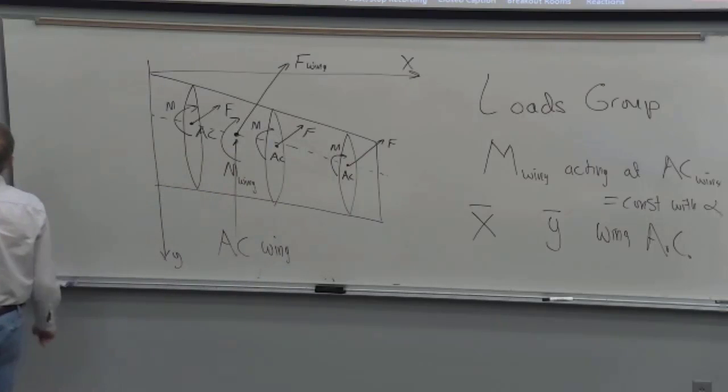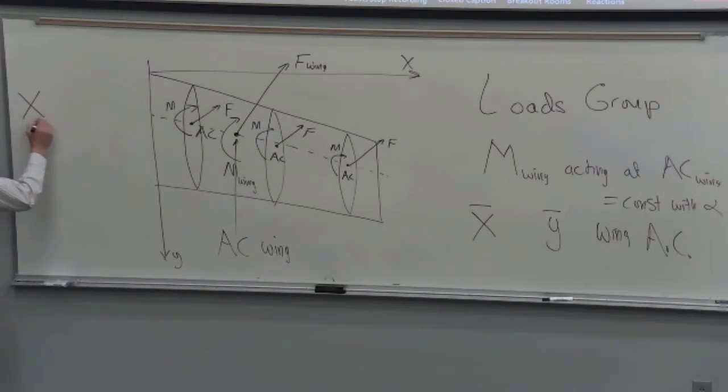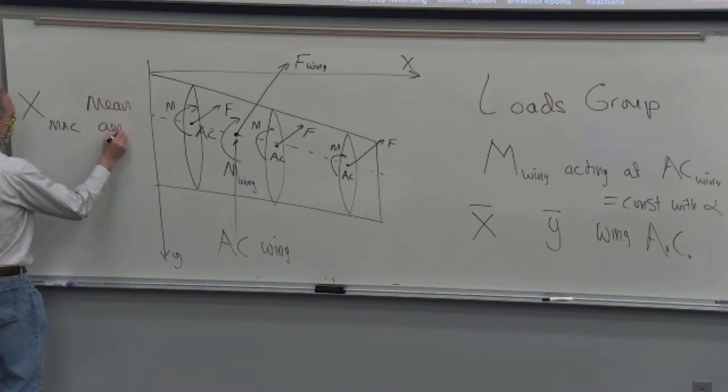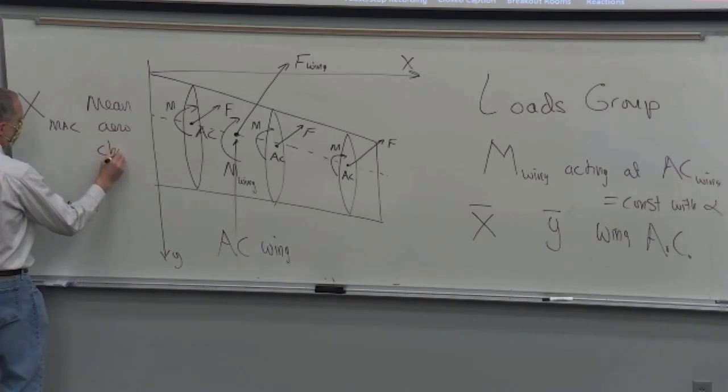And it might be easy to confuse these terms that we've already talked about with those, because you see AC, and you might think aerodynamic center. But remember, this is the location of the mean aerodynamic chord.